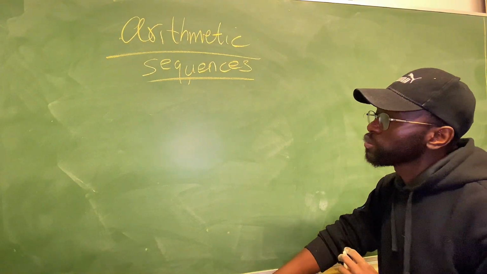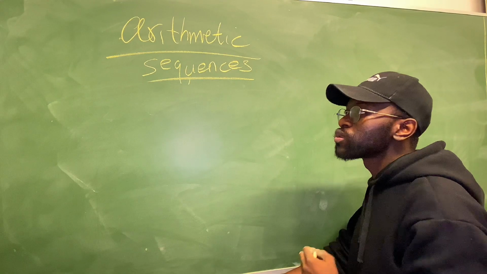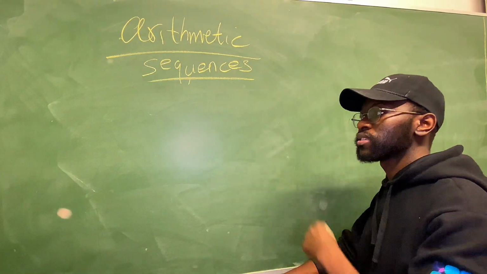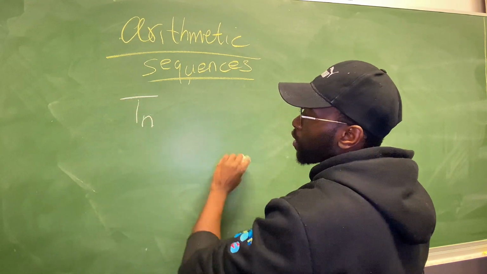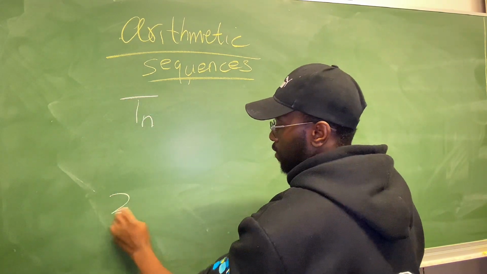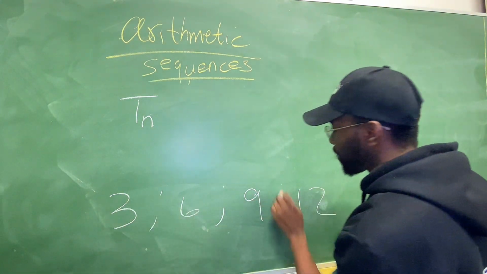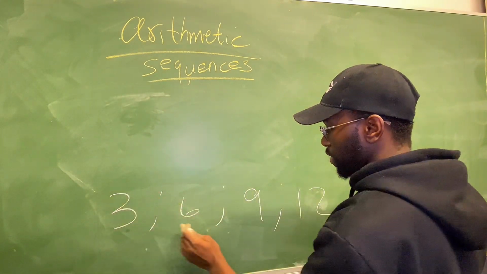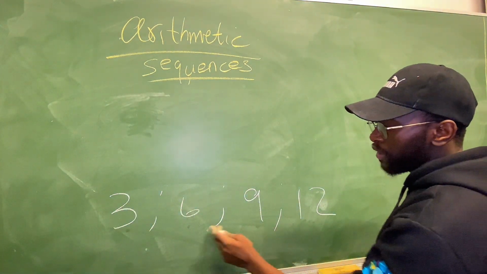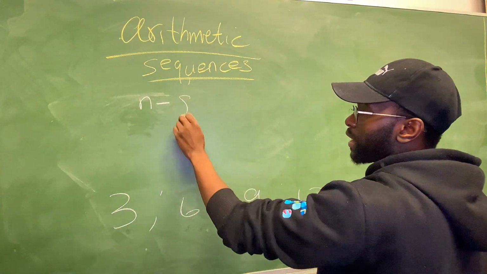Before we continue with examples, let's just talk about the notation we are going to use for sequences, patterns, and series. Now, if I have my sequence here, the position of the value in the sequence, we are going to denote by n.